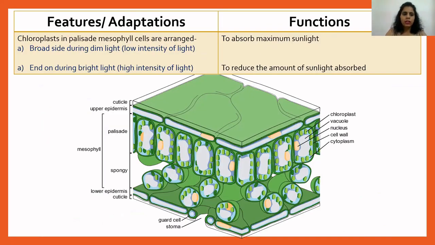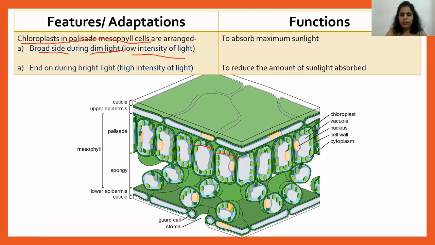The next adaptation is how the chloroplasts in the palisade mesophyll cells are arranged. The arrangement depends on the intensity of light. During dim light, when the intensity of light is low, the chloroplasts in palisade mesophyll cells are arranged broadside. If you look at this 3D diagram, broadside means this one on the top.